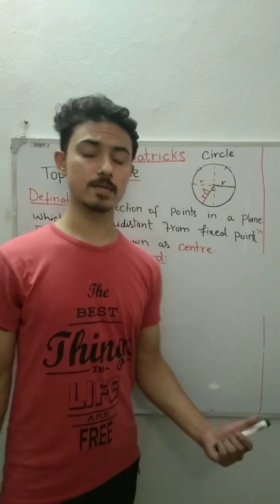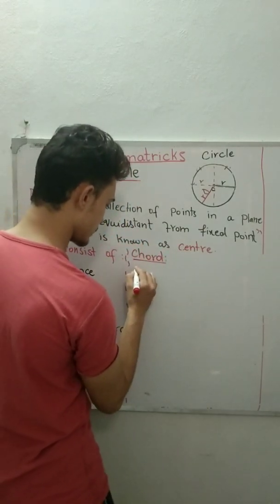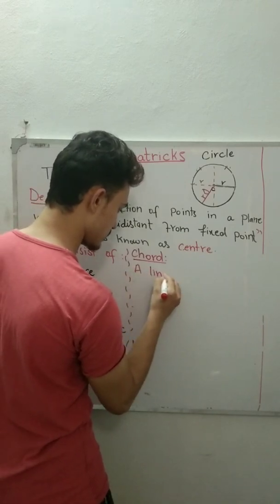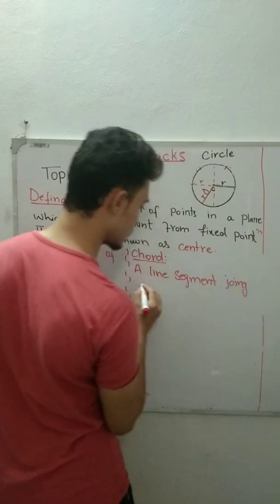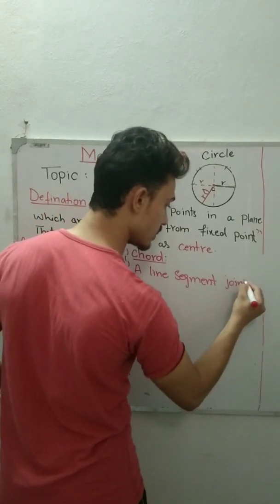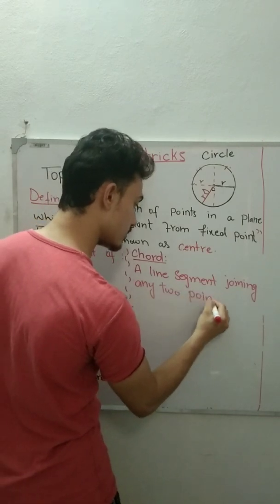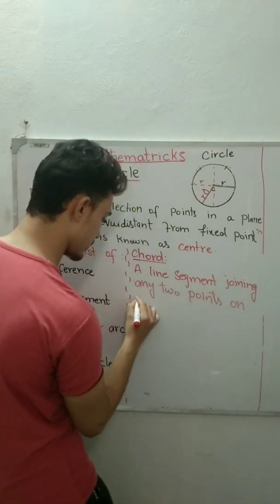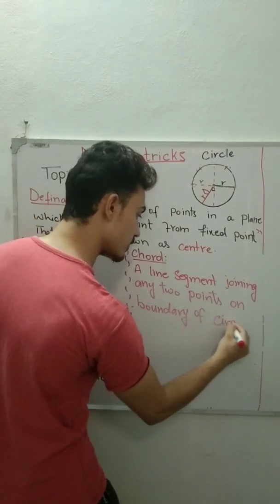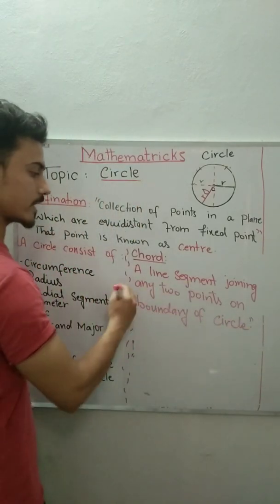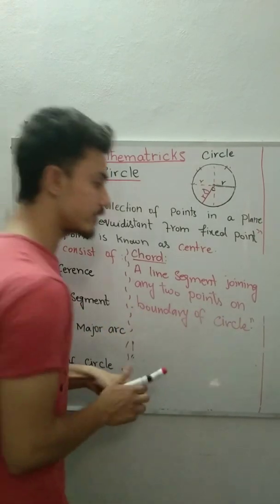Next we are going to discuss chord. What is a chord? A line segment joining any 2 points on the boundary of a circle is known as a chord.